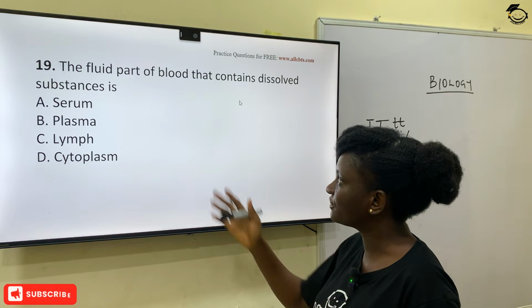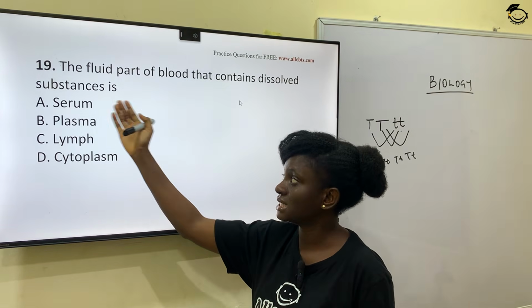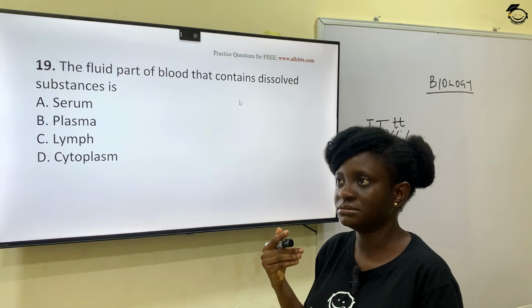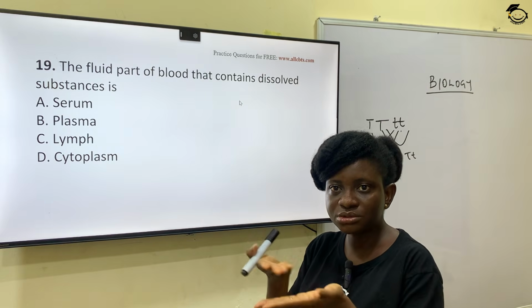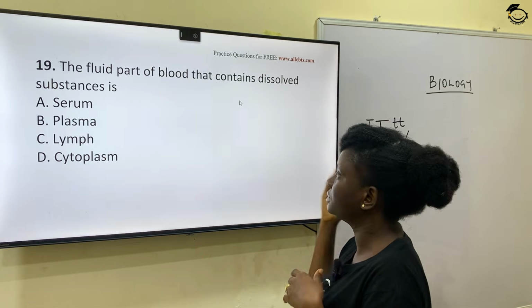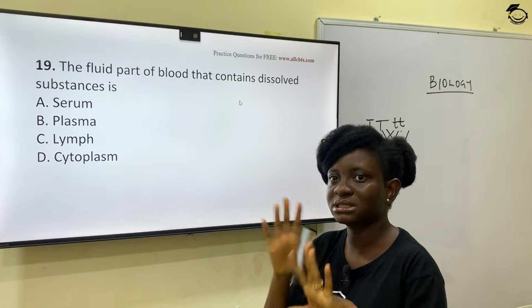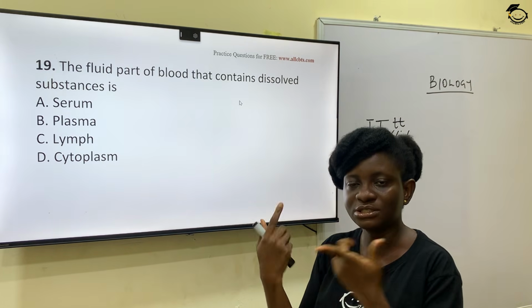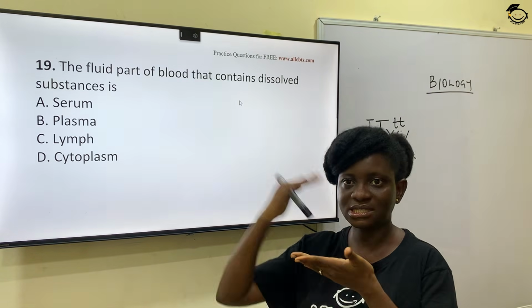Question 19. The fluid part of blood that contains dissolved substances. When the blood settles, or maybe you centrifuge and spin it, it gets separated.